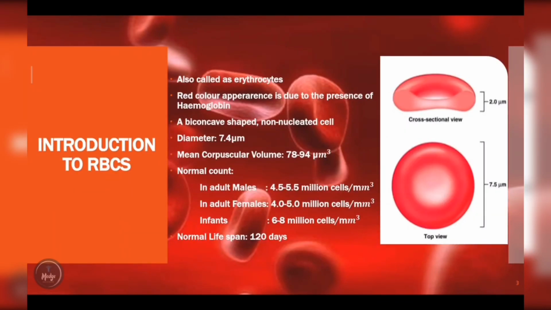RBCs are also called erythrocytes. RBCs are one of the important cellular components of the blood. Each RBC is bounded by a cellular membrane, and its cytoplasm contains hemoglobin pigment, which is a quaternary structure of a protein that gives the red color appearance to an RBC.